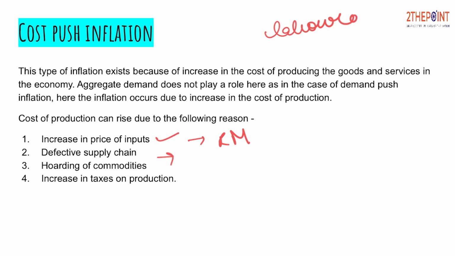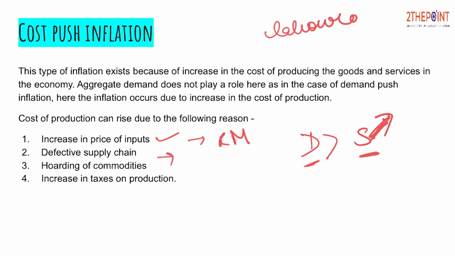Then there is hoarding of commodities. Let's suppose there is a stockist of rice in the country, a big wholesaler, and he assumes that if he hoards the stock of rice, then, with demand remaining stable and supply being cut short, a situation will arise where demand is more than supply. The stockist is hoping for an increase in the price of the goods, because he is disrupting the supply chain by hoarding the goods.